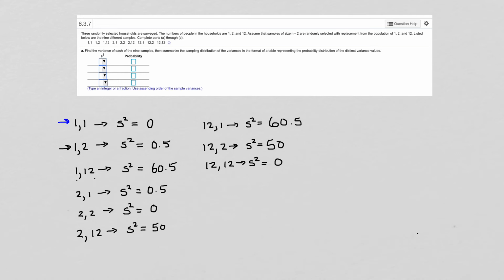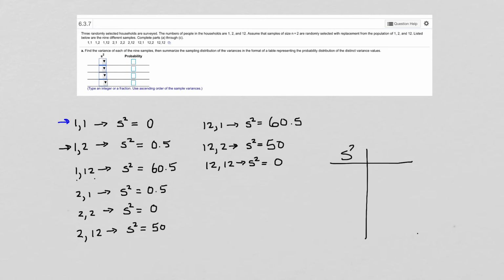Okay. So now that we've done all that work, we can get started with part A. So we want to find the variance of each of the 9 samples. We did that. And then summarize the sampling distribution of the variances. So I'm just going to write my distribution here.